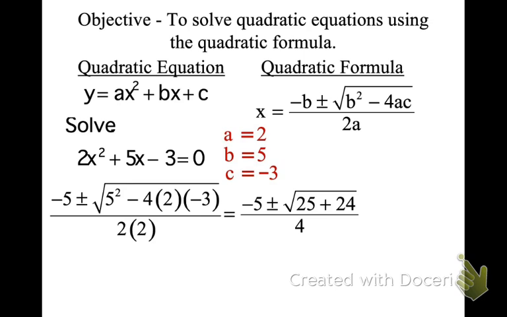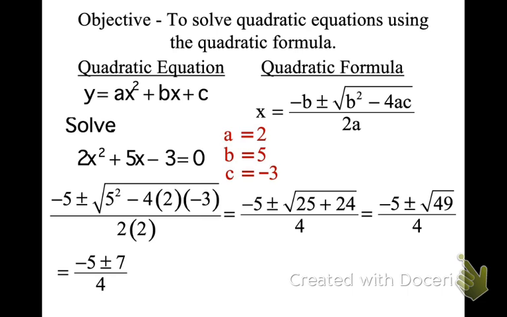I do not want you doing extended. I want you to work up and down. I don't have room for it here, but remember, I don't want you to do an extended. I want to see it right underneath the way I was writing it. Negative 5 plus or minus 49 over 4. So that really becomes negative 5 plus or minus 7 over 4.